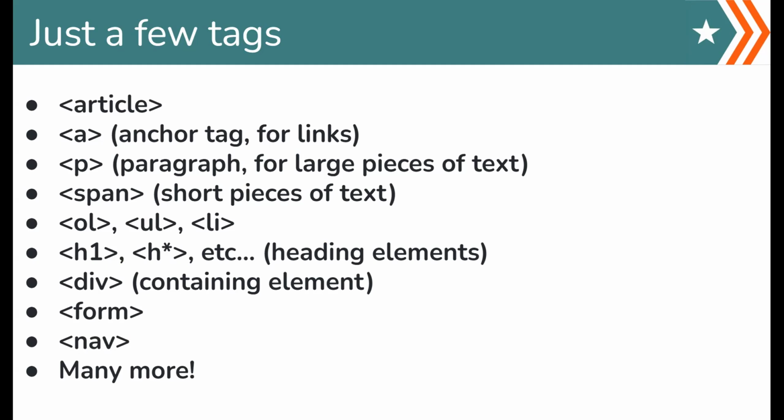All right. So other tags, article tag. This is one of those tags where you don't need to create an article tag, but this is where semantics come into play. Fundamentally, there's no difference between the div tag and the article tag.